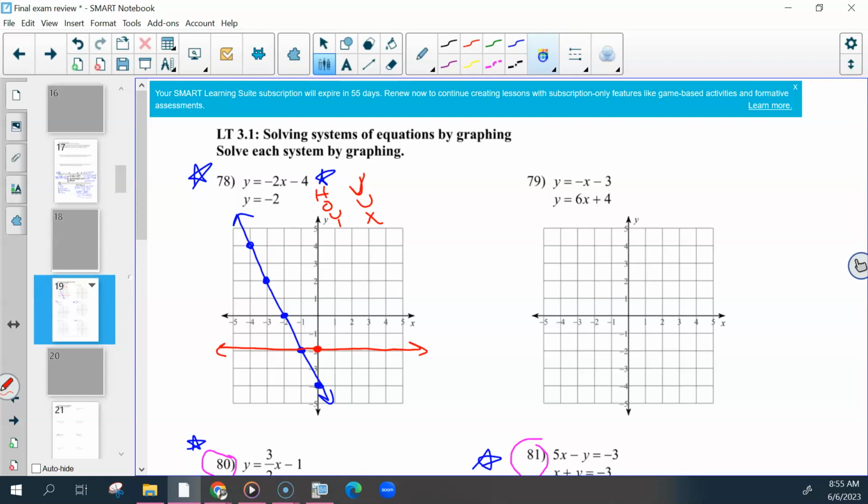My line is not very straight, but look for where these two lines cross each other and write that as an ordered pair. X, then y: -1, -2. Questions on that one?